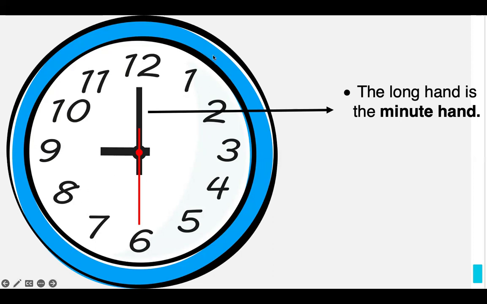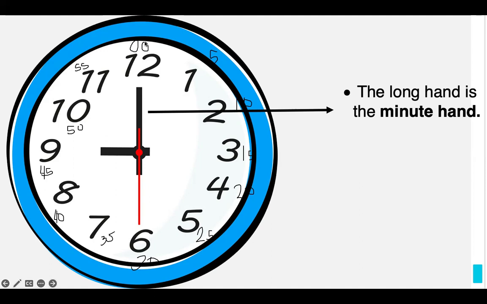We read that not one, but it is 5, 10, 15, 20, 25, 30, 35, 40, 45, 50, 55, and not 60, that we called 00 or the o'clock.